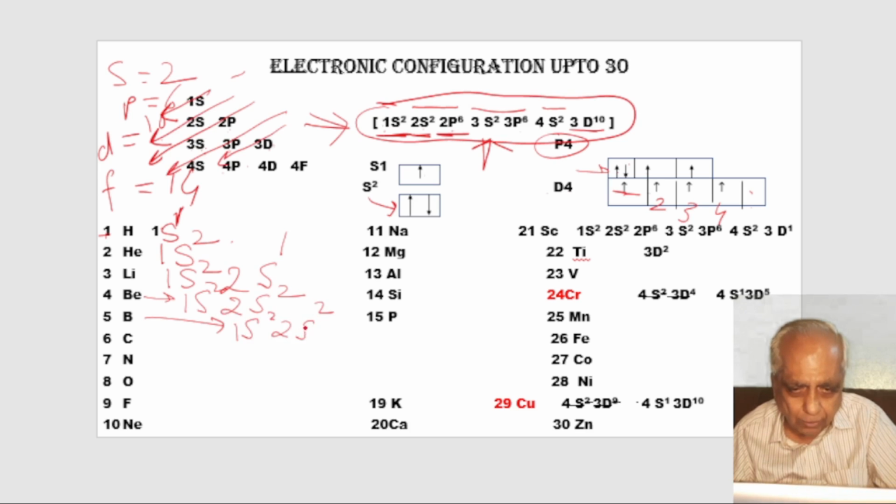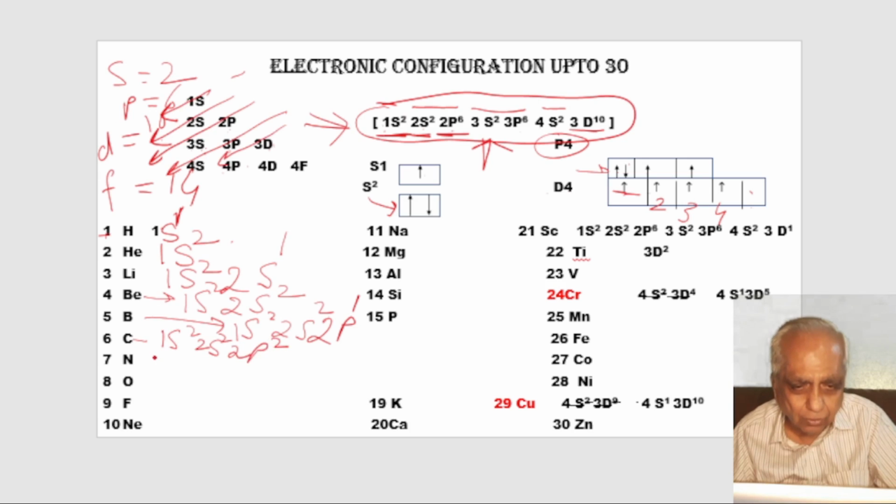Now S cannot have more than 2. So as you can see, then I have to go to the p orbit of second. So it will be 2p1. Then carbon, in the same manner it will become 2p2. So it will be 1s2, 2s2, then 2p2.